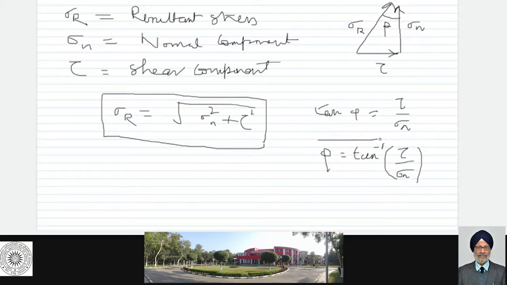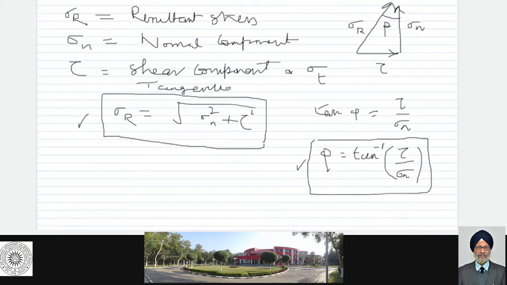So this will give us the magnitude, this will give us the direction. Sometimes the shear component tau is also denoted as sigma tau. This tau shows that it is a tangential component, or shear component.